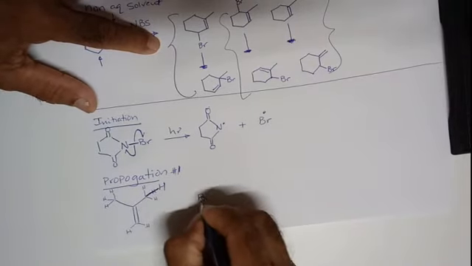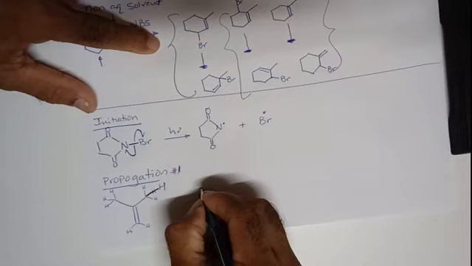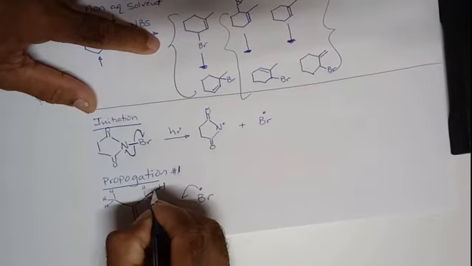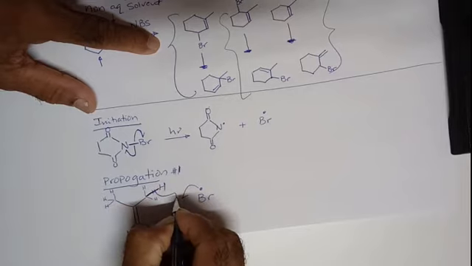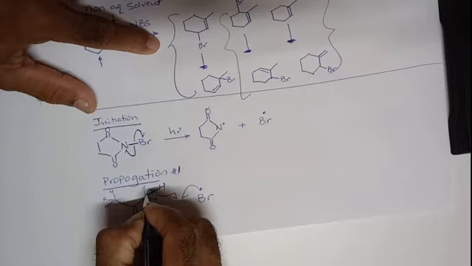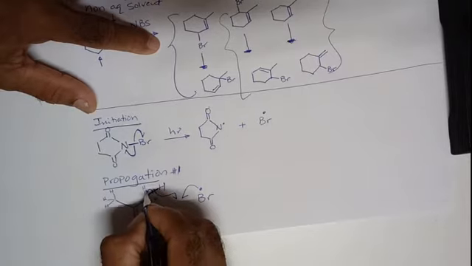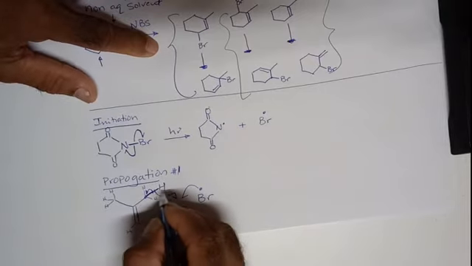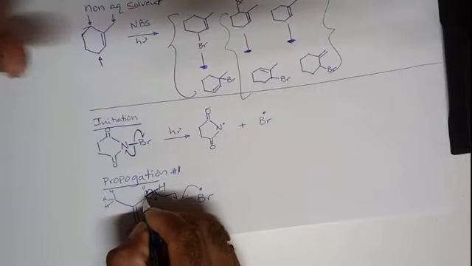So propagation 1 would be the bromine radical coming along, demanding that this hydrogen bring 1 electron with it, leaving behind 1 electron here. Because each bond has 2 electrons, 1 electron will stay on this carbon. Typically hydrogen doesn't want to go away with carbon, with the electron.